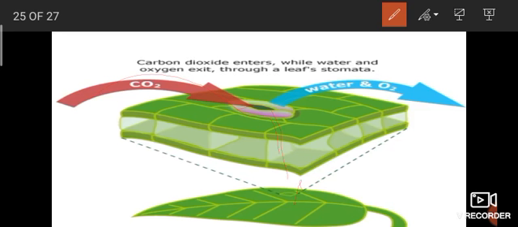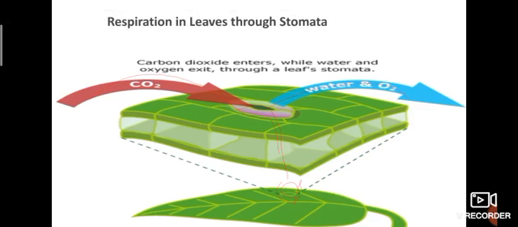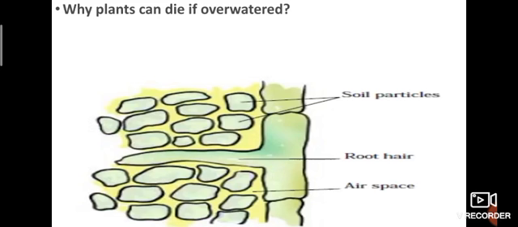This stomata is present here. Then water and oxygen are released from here. Carbon dioxide enters while water and oxygen exit through a leaf stomata. This is the entrance.